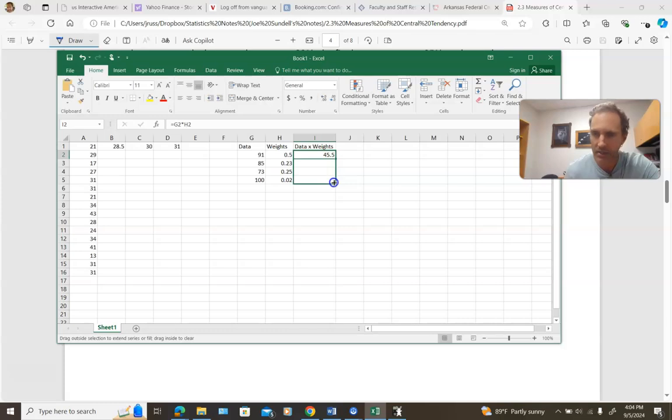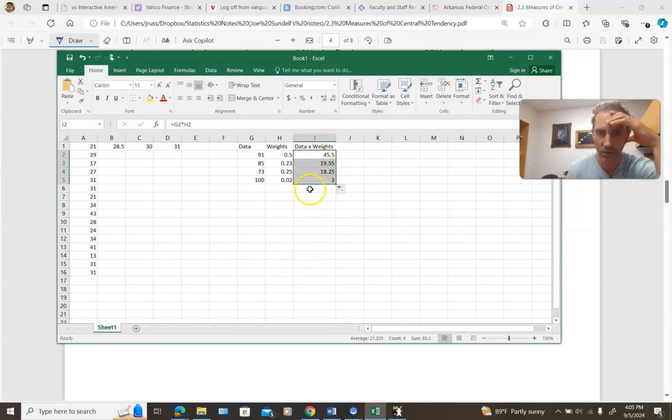And what this does is it takes basically the same function, and it performs it on all these others except with these new cells. So instead of doing G2 times H2, for this one it does G3 times H3, and then G4 times H4, okay, and gives you this column right here.